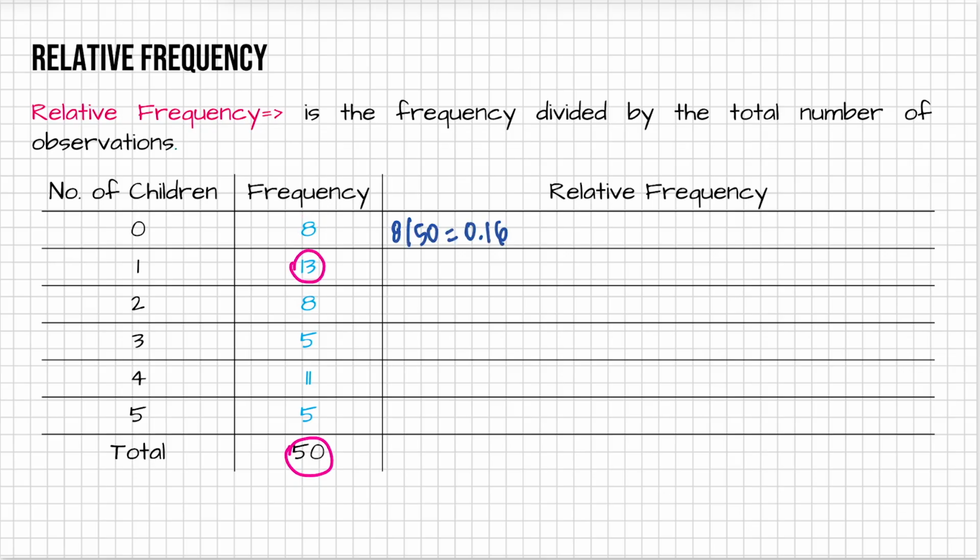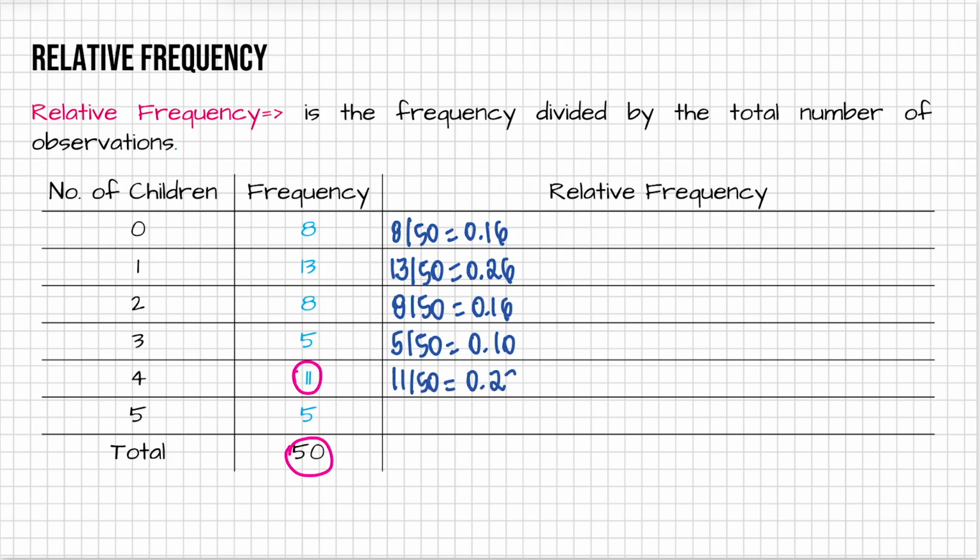For the second class, we take 13, the frequency of that class, and divide it by 50, 0.26. The third class, 8 divided by 50, 0.16 again. Fourth class, 5 divided by 50, 0.10. Fifth, 11 divided by 50, 0.22. And finally, 5 divided by 50, 0.10.